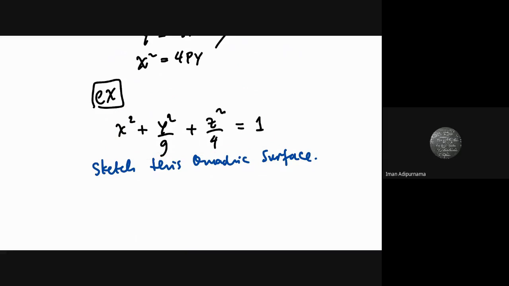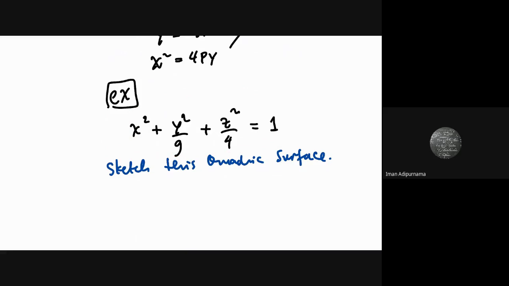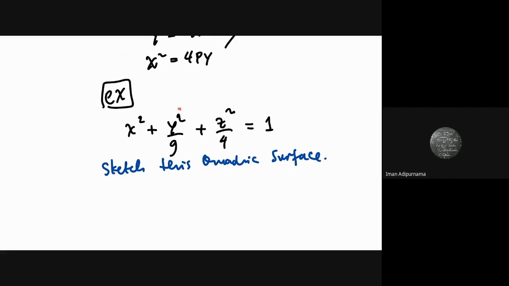The first is, imagine that one of these variables, for example x, is removed, or you make it a constant. And you have two variables, y and z. In the yz plane, you have an ellipse, right?